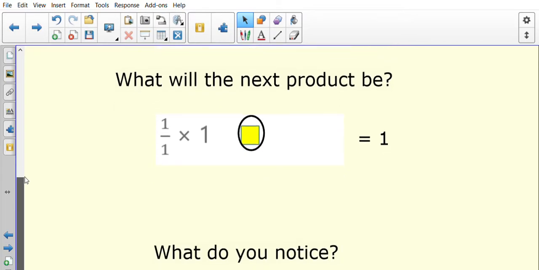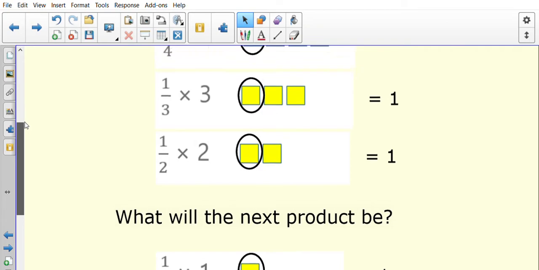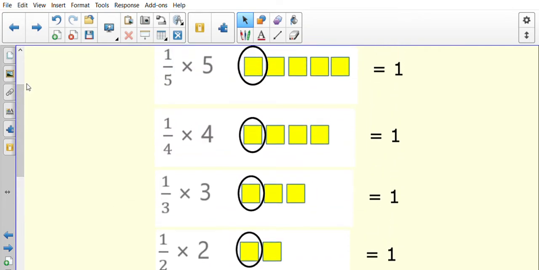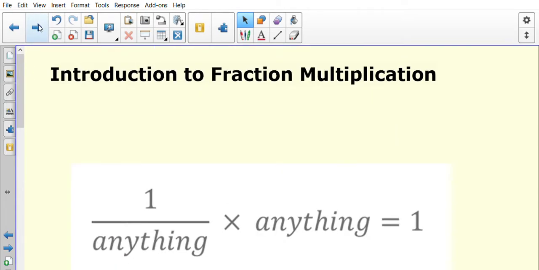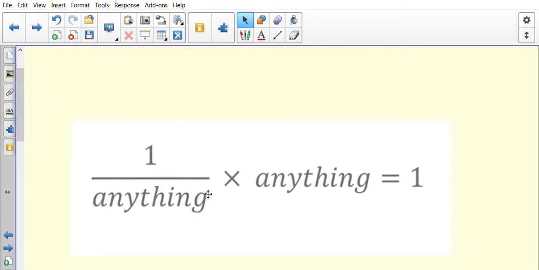What do you notice? So if I was to put that pattern back up, hopefully you notice there's a pattern. Hopefully you noticed that no matter what number was here, whether it was a 5, a 4 or a 3, the same number appeared here.